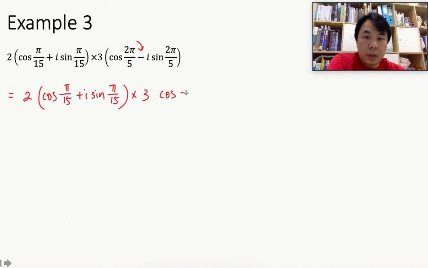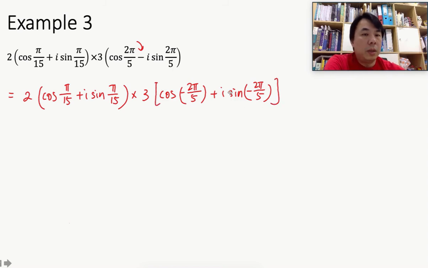Now, in this case, I can write it down as cosine negative 2 pi over 5 plus i sine negative 2 pi over 5 here. Because we know that sine of negative 2 pi over 5 is actually negative sine itself. So now you can see that it's in its correct form. Then we are ready to convert that to Euler format, which is this.